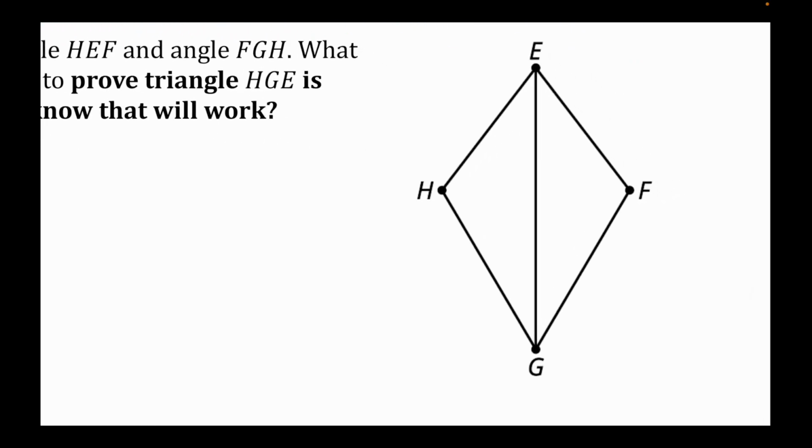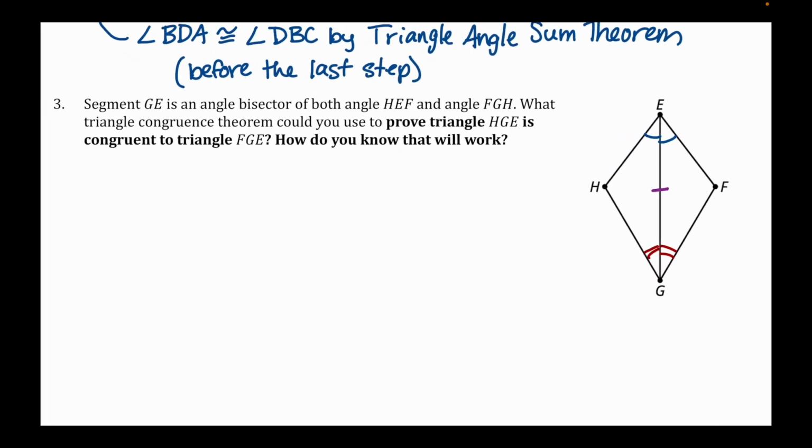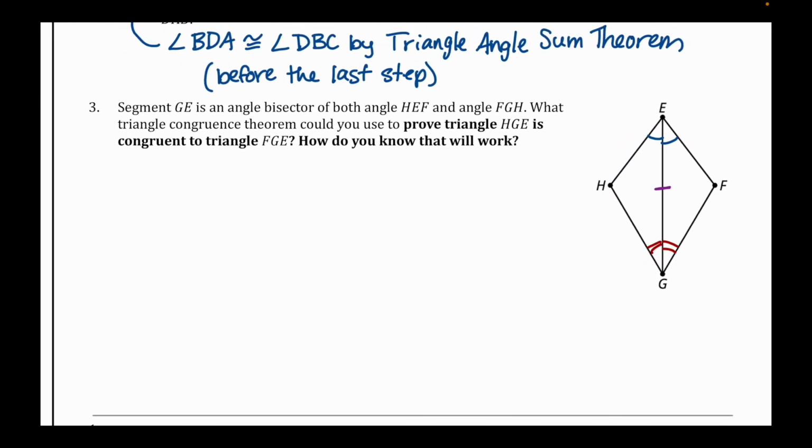Well, if they told me it's an angle bisector, I know that this angle is congruent to this one, and I know that this angle is going to be congruent to this one. I also know, because I have a shared side here, that EG is going to be congruent to EG. So I could use angle side angle, because I have an angle and an angle with a side in between.